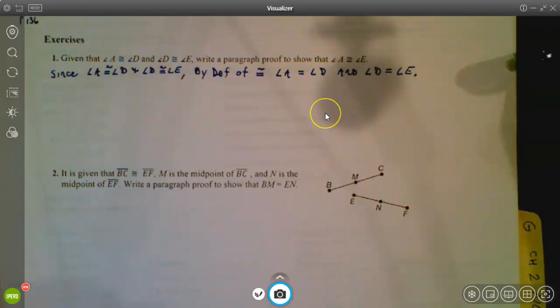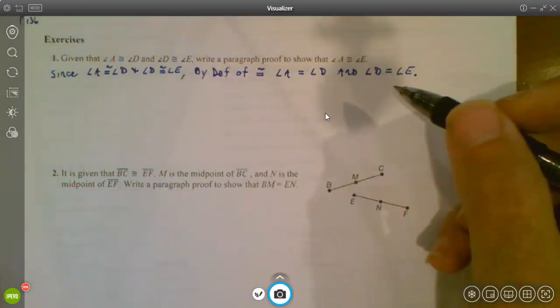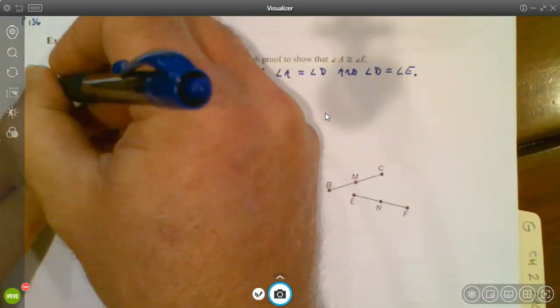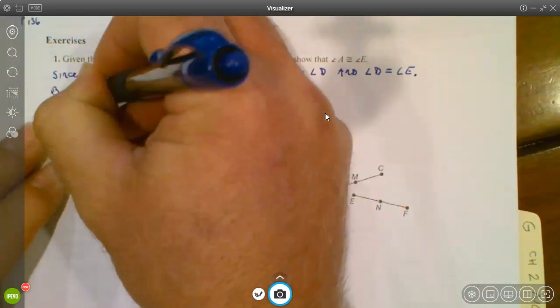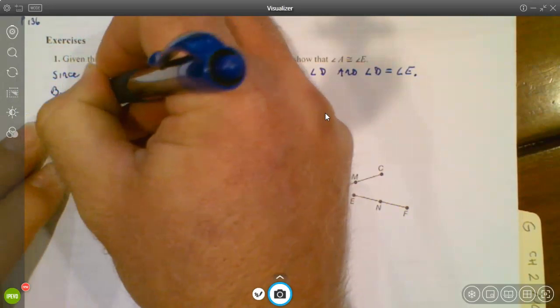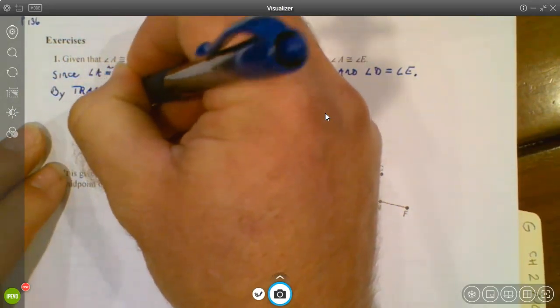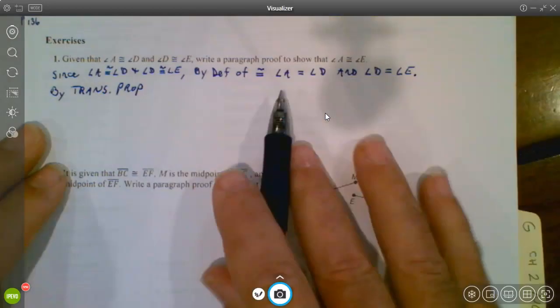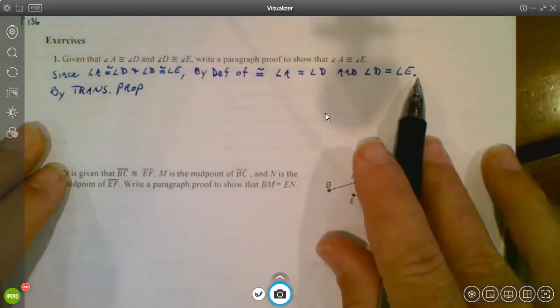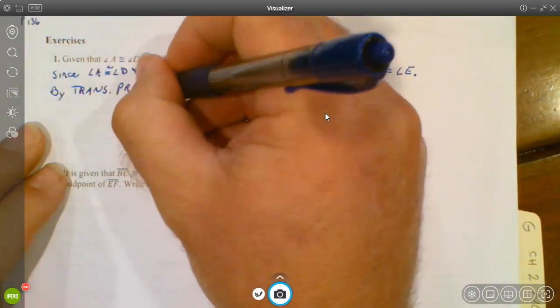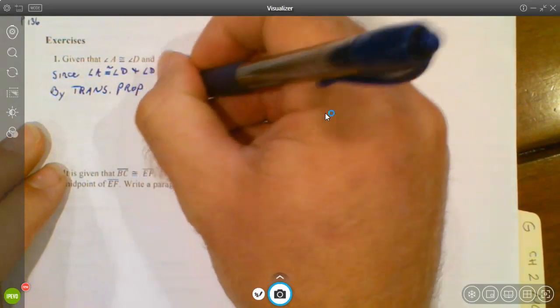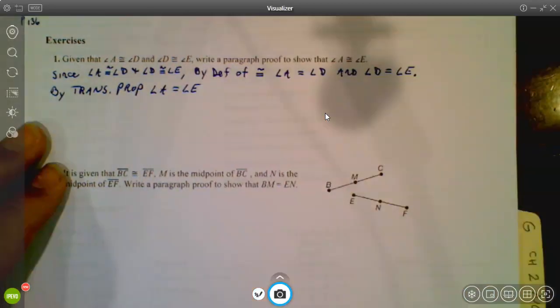So we can say something along the lines of, by the transitive property, I know that angle A equals angle E. All right, by the transitive property.